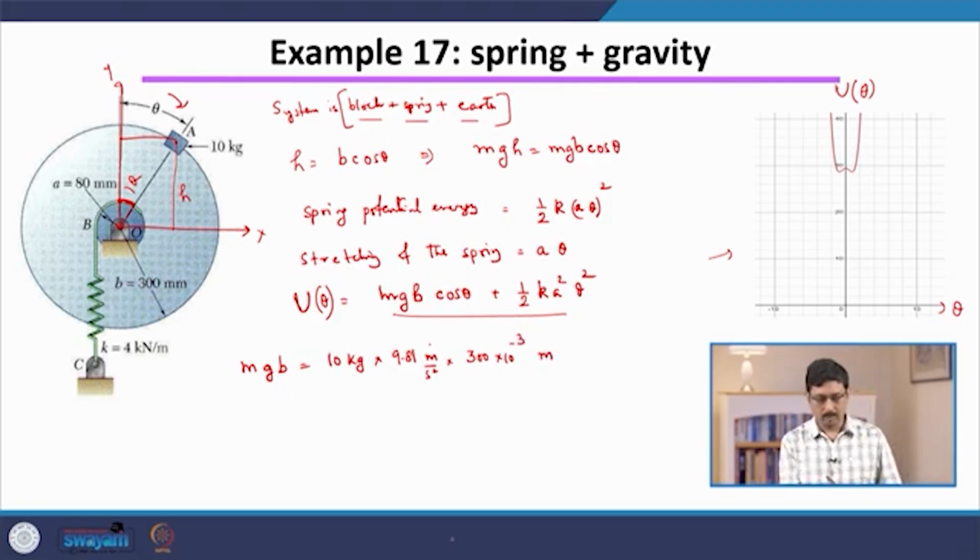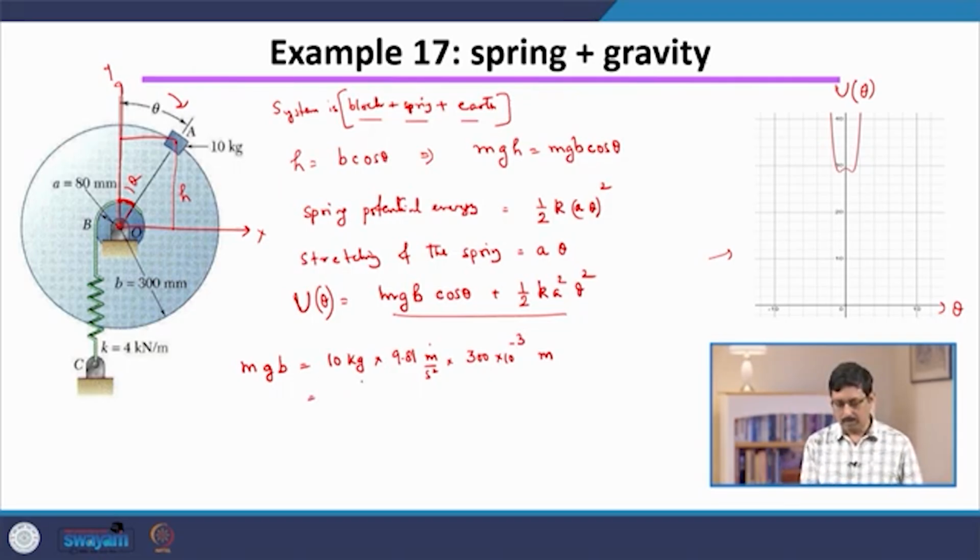I also deliberately highlight these units. What should be the unit of this quantity mgb? You expect it has a dimension of energy, so the unit should be joule in SI, and you can verify that if you make this product, the unit is indeed joule.